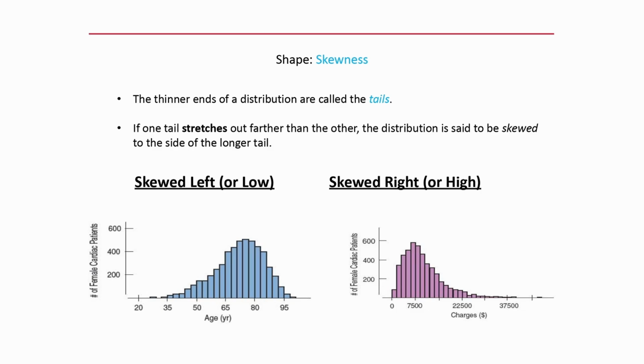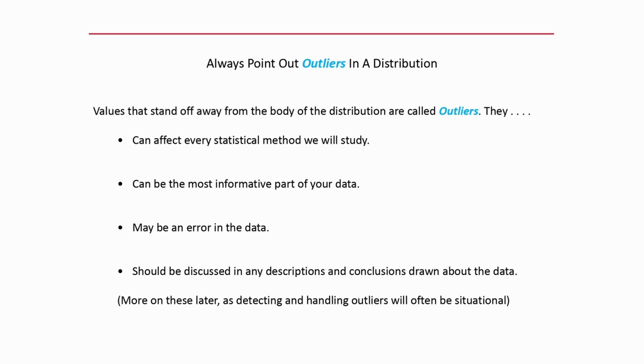Once you've covered if there's any symmetry or skewness, and we've talked about if there's any modes, then we move on to the next letter in SOX, O, which stands for outliers. Now, outliers generally require a lot of nuance to discuss and can be contextual in how we measure them and discuss them, a lot more than what just one or two slides can provide. So we'll wait for those specific instances to pop up, but for now what I want to say is that when I say the word outlier, I mean a value that stands away from the body of the distribution.